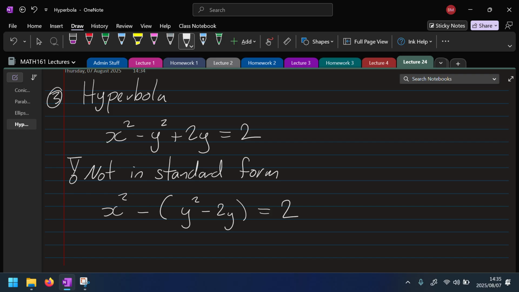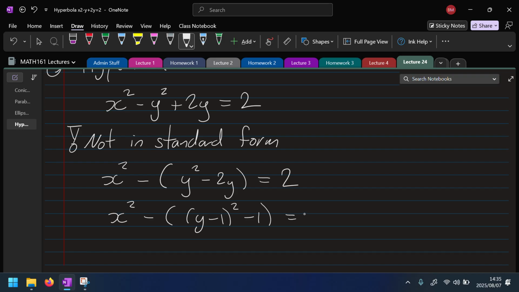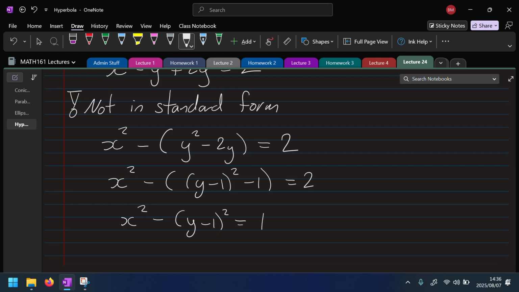Then we need to complete the square on that. So that's going to be x squared minus y minus 1 squared minus 1. Okay, so x squared minus y minus 1 squared is 1. So this is in standard form, so we can continue from here.